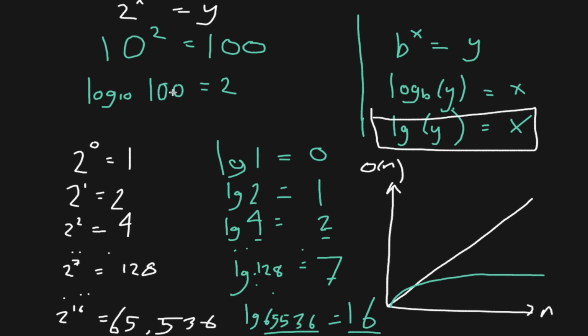Whereas if you're looking at linear time, the number 65,000 is going to be related to 65,000, which is way, way worse, especially as things get bigger and bigger. So logarithmic time becomes better and better as n becomes large. And when we're dealing with time complexity, we are thinking about what happens when n becomes large, unless otherwise specified.